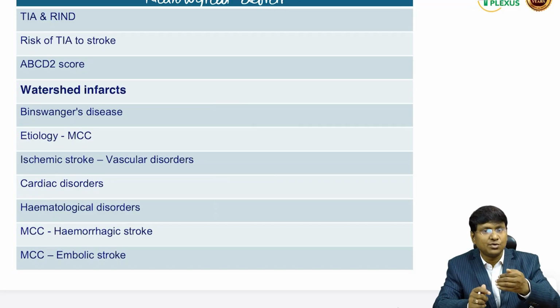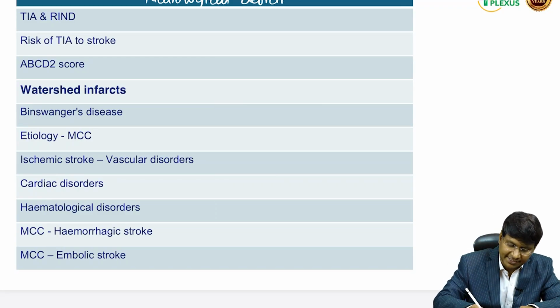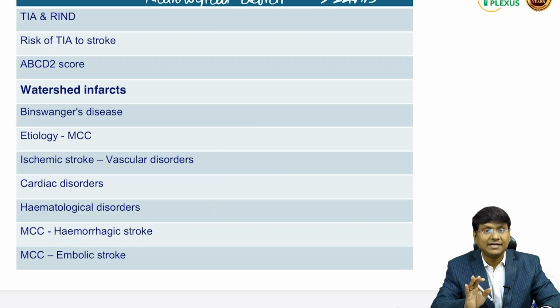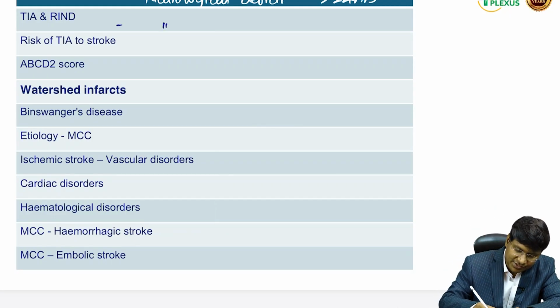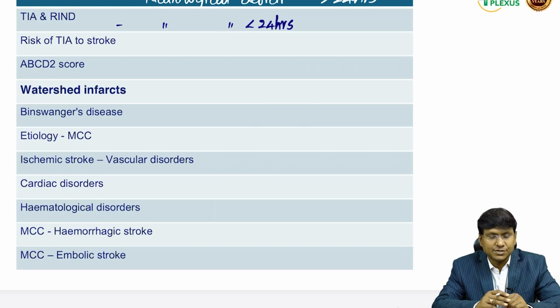This sudden onset neurological deficit will be lasting longer than 24 hours. Then what is transient ischemic attack? It is a scenario where there is neurological deficit that will be lasting for less than 24 hours.